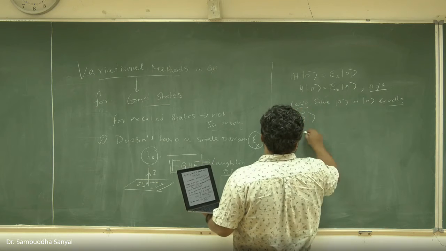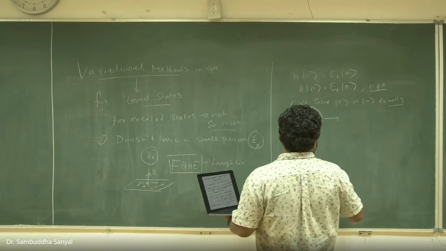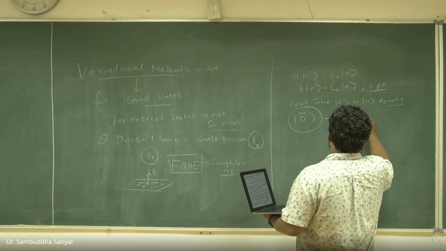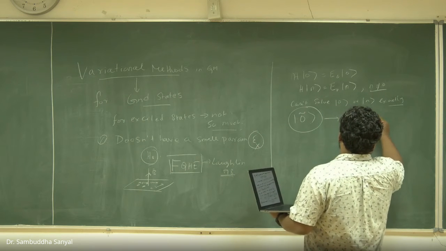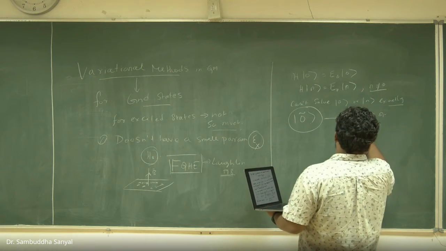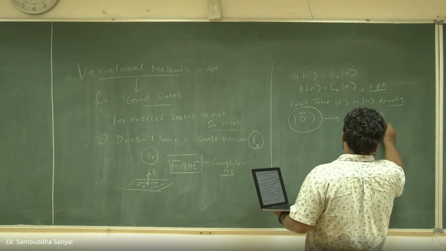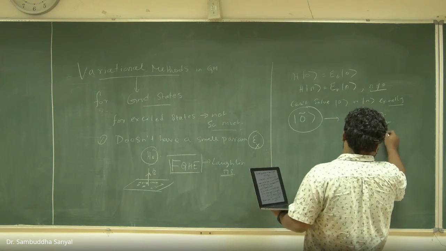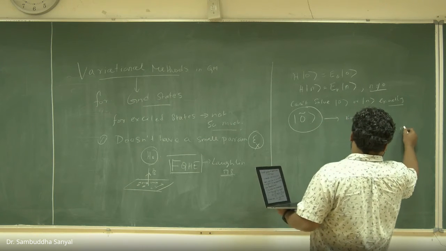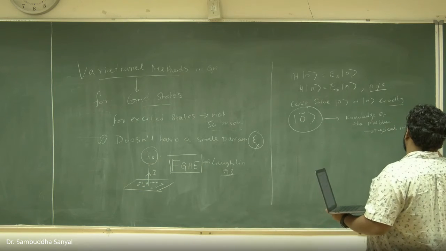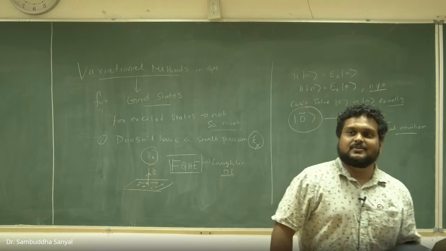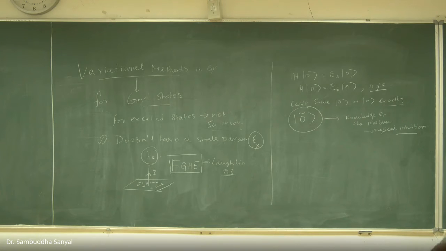As I said, we are going to do the ground state, and we are trying to do it from various knowledge of the problem or physical intuition. This is one thing I also want to emphasize: this variational approach to quantum mechanics, or variational method of solving, is more art than science.